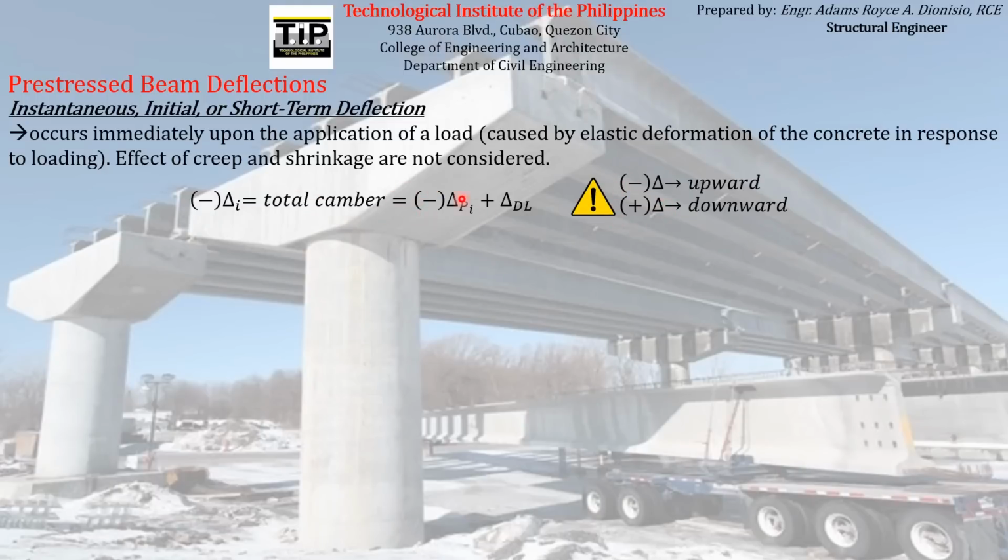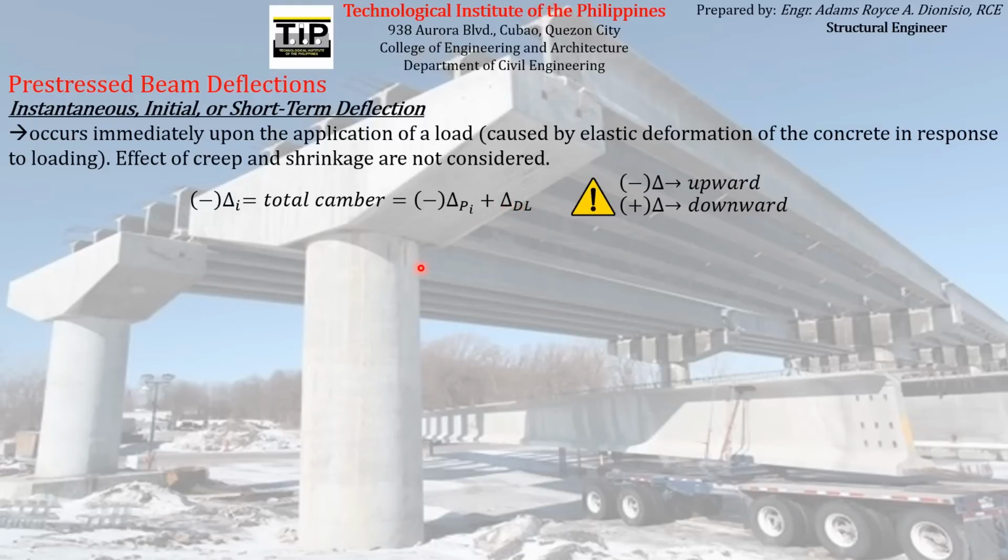Again, using this formula, you can see that the total camber experienced by the prestressed concrete beam is the sum of the deflection due to the initial prestressing force alone and the deflection due to the self-weight of the member alone.